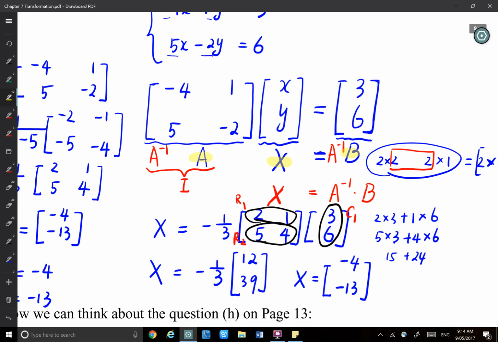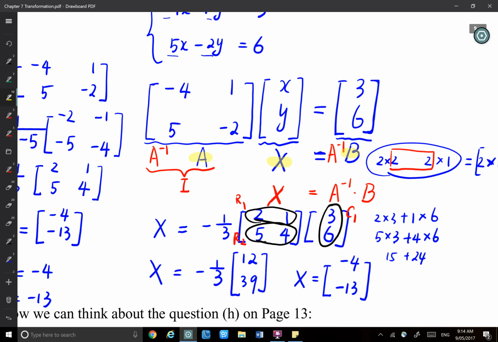Remember, you times A inverse, A inverse times B. If your A inverse doesn't exist at all, which means you have no solutions, or you may have infinitely many solutions for this simultaneous equation.